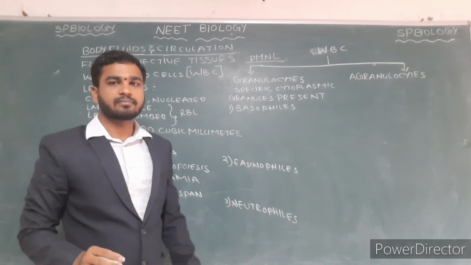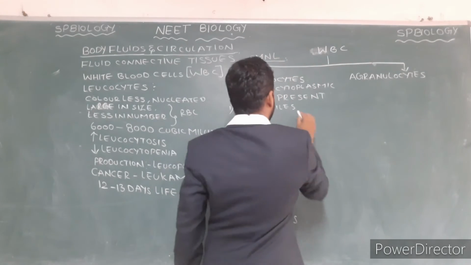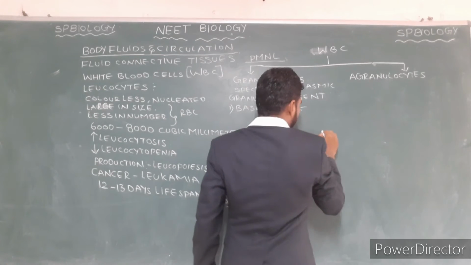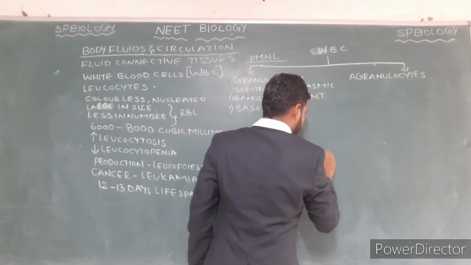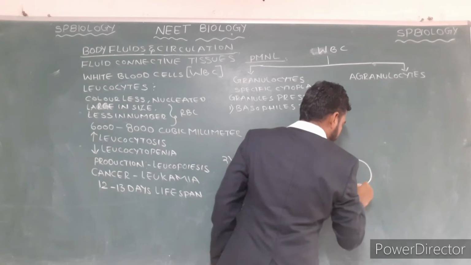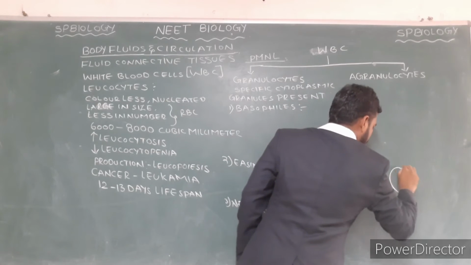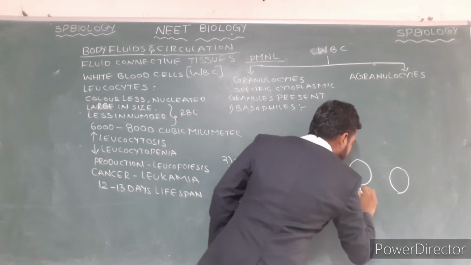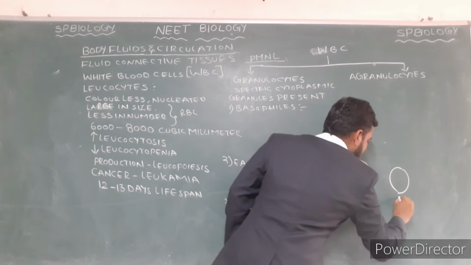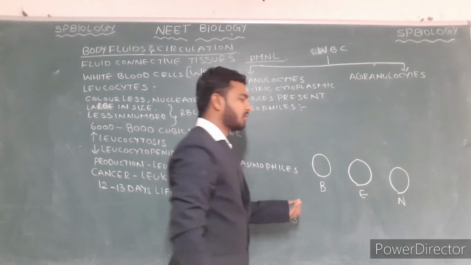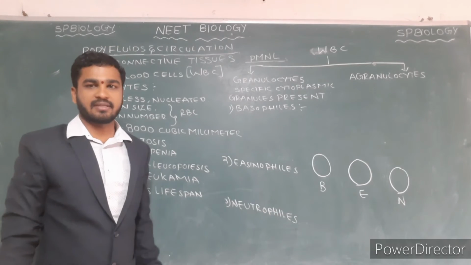If you see the structure, basophils are stained by basic dyes, eosinophils are stained by acidic dyes, and neutrophils are stained by neutral dyes.